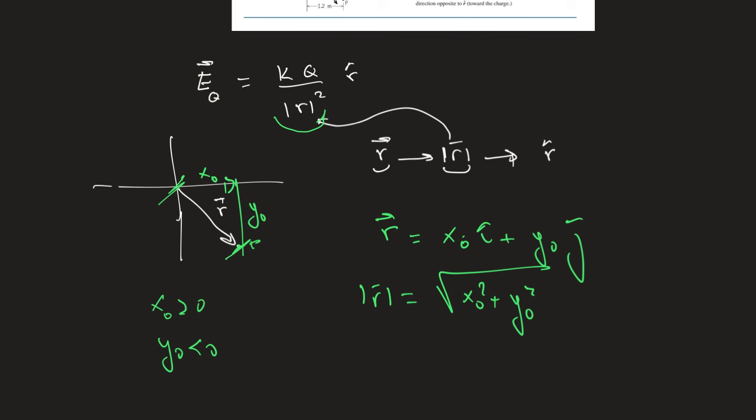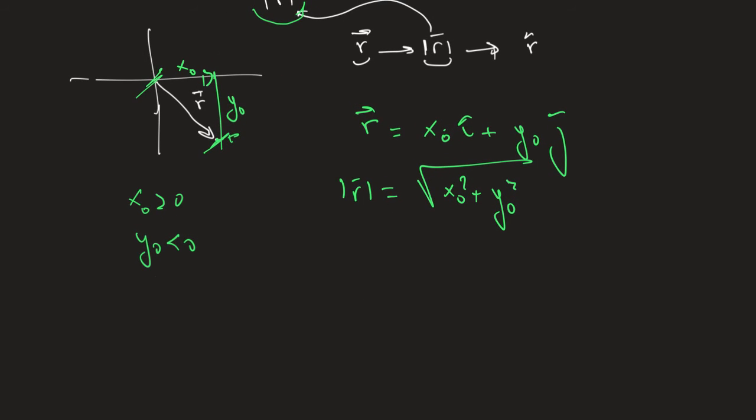Now comes the part of finding the unitary vector. As I have said, whenever you have a vector r, there exists a unitary vector. Unitary means that it has magnitude 1. So this is the unitary vector r.